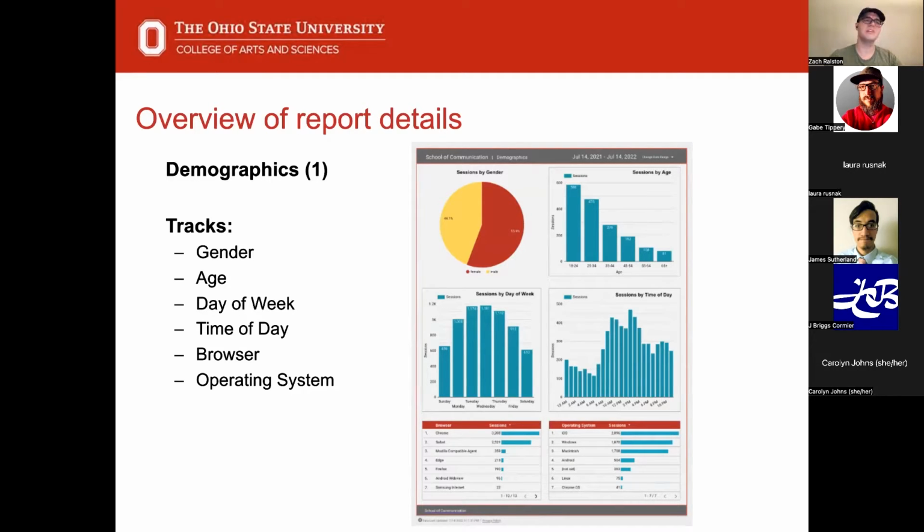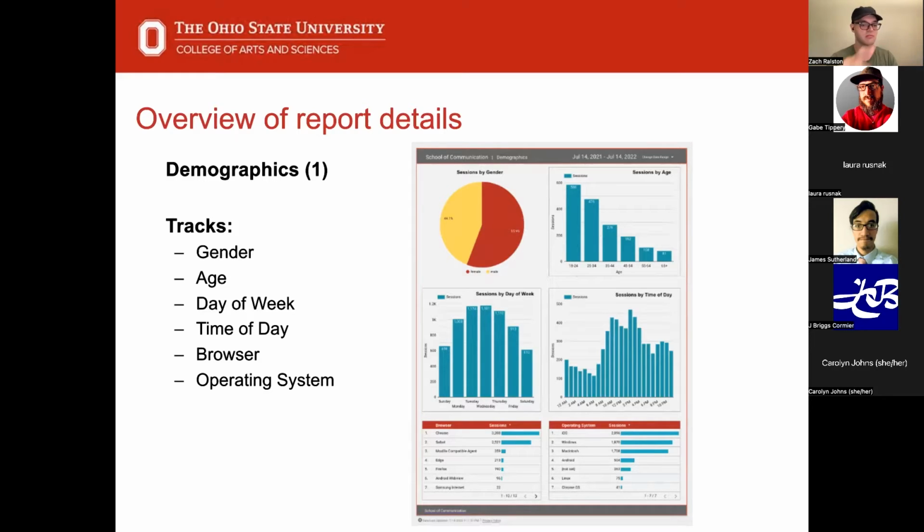It's definitely on the younger side, from ages 18 to 24, then 25 to 34, and it goes down from there. Tuesday, Wednesday, Thursdays are typically the highest traffic days, later in the day, early afternoon to noon. A lot of folks are using Chrome, Safari, and a lot of Apple users, iOS, Windows, kind of what we would expect.